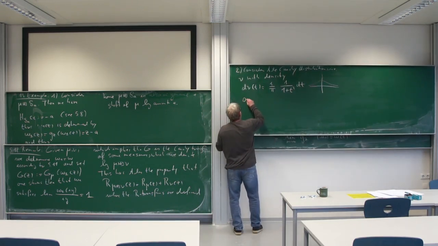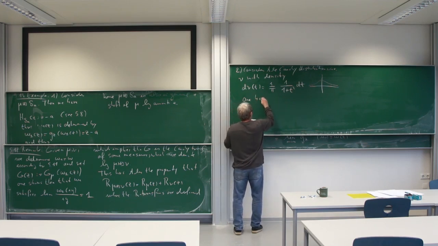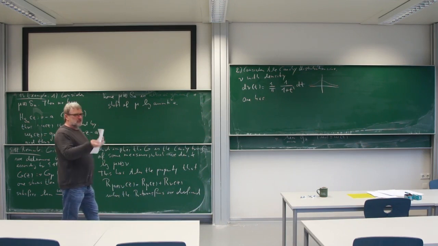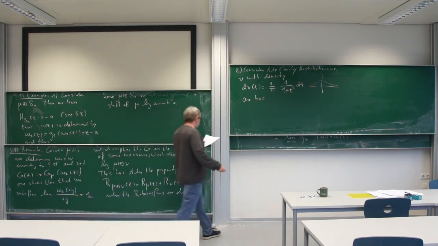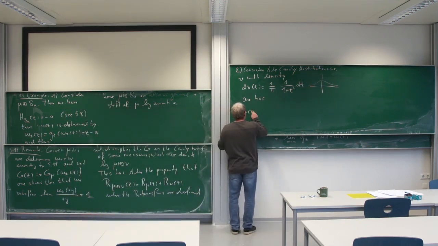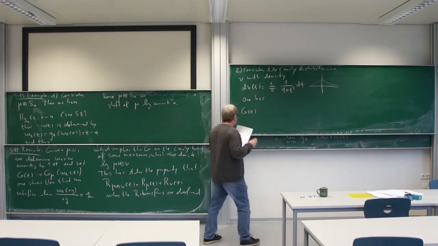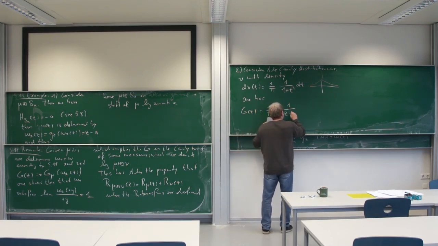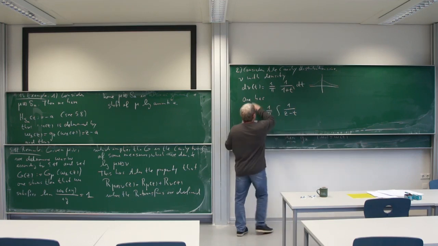So what do we need to talk about free convolution is this. We need first of all the Cauchy transform. So what is the Cauchy transform of the Cauchy distribution? I have to integrate 1 over z minus t with respect to this measure.